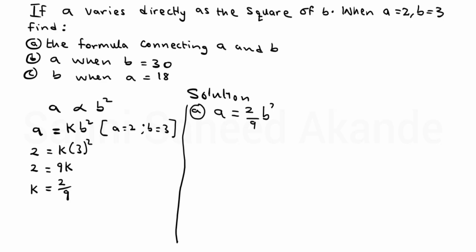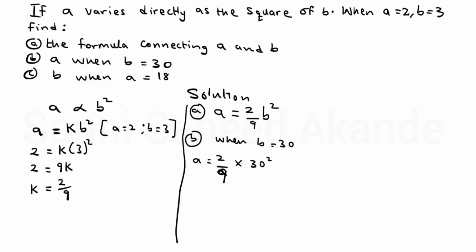Then question B, they said we should find the value of A when B is equal to 30. So when B is equal to 30, then we have A equal to 2 over 9 times B squared, which is 30 squared. Okay, so this is 9, not A. All right, so now let's continue.